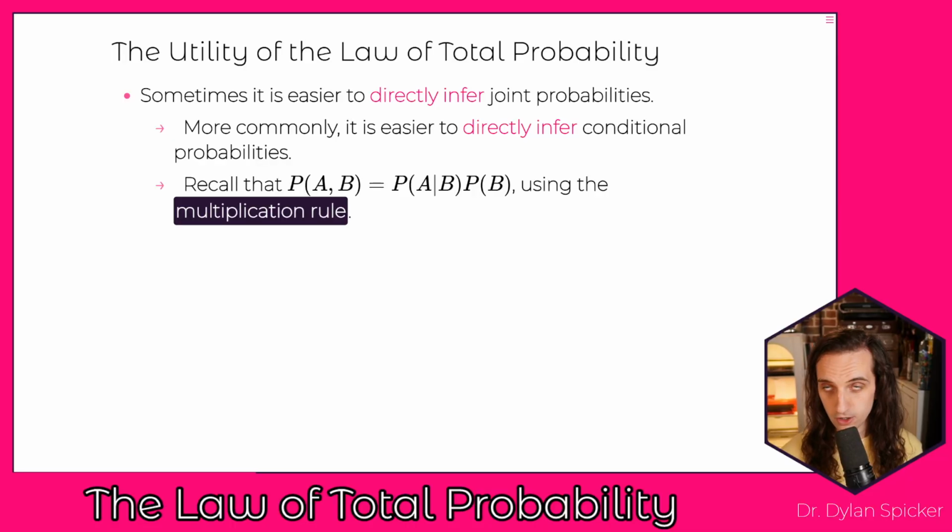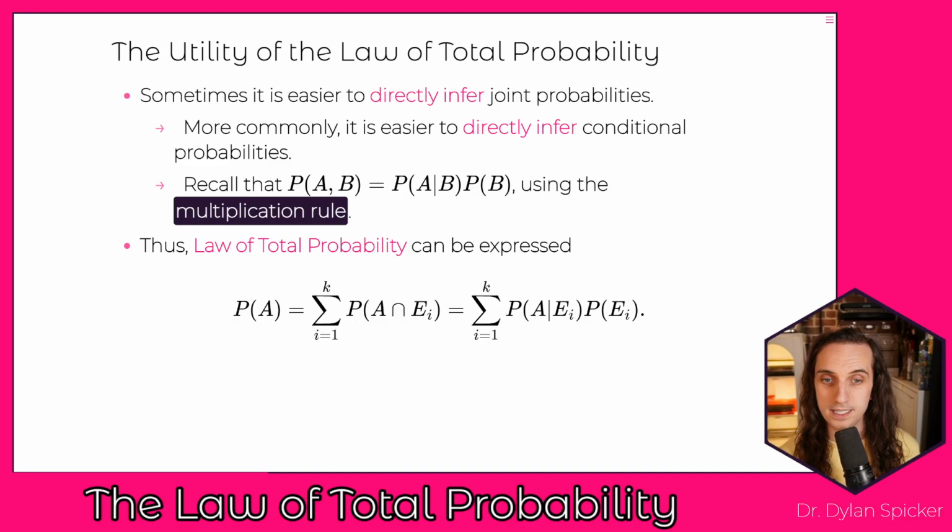As a result, our law of total probability, which normally allows us to write the probability of A as the sum of all of our joint probabilities, is exactly the same thing as the sum of the probability of A given EI times the probability of EI.